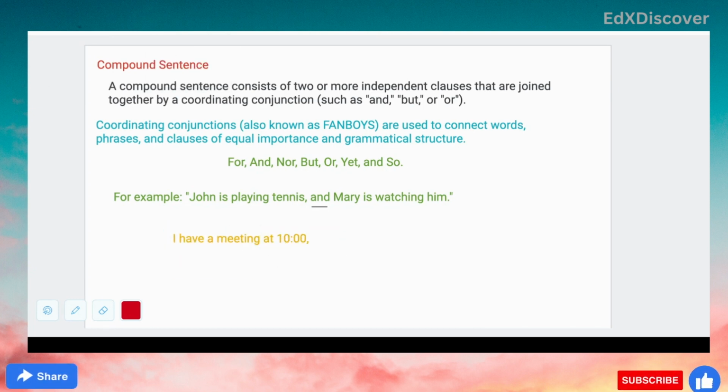I have a meeting at 10. Wait, I didn't complete the question. I can meet you for lunch at noon. So in between these two sentences, which coordinating conjunction will connect them together?